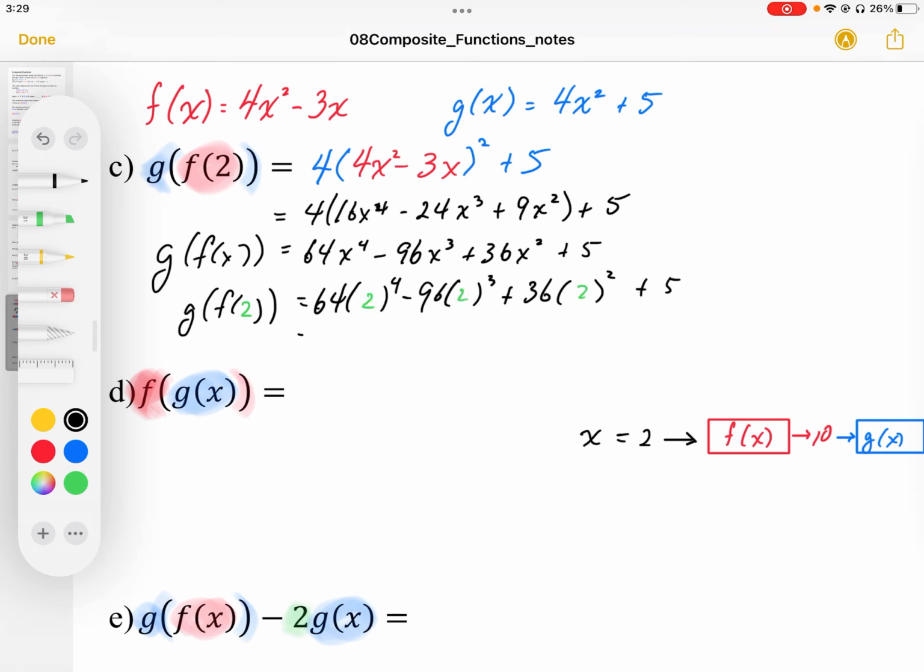And that works out to be 64 times 2 to the power 4, which is 16.